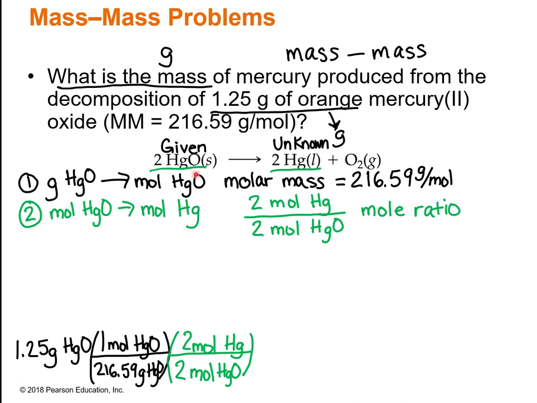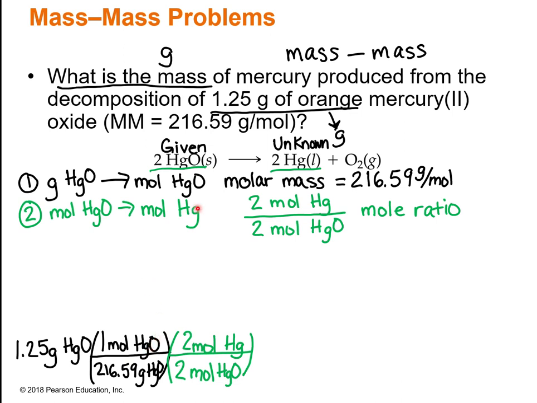And the question is, how much mercury will we make from that? The first thing we have to do is figure out how many moles of mercury 2 oxide we have to begin with. So for that, we use the molar mass of mercury 2 oxide. So we take our grams and we multiply by the unit factor of 1 mole of HgO over 216.59 grams. That will get us to moles of mercury 2 oxide.